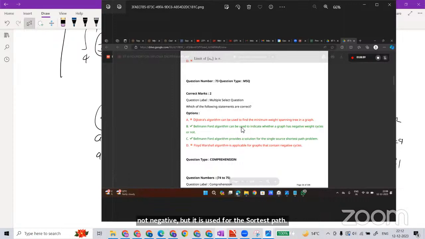Correct? And Bellman-Ford algorithm can be used to indicate whether a graph has negative weight cycles or not. Yes. Bellman-Ford is also for shortest path. Negative weights are also allowed, but it should not contain any negative weight cycle.